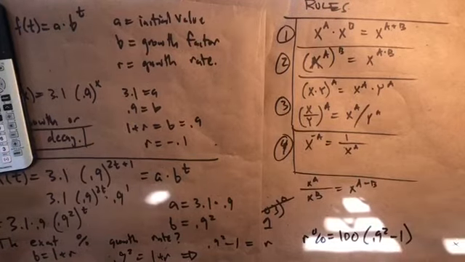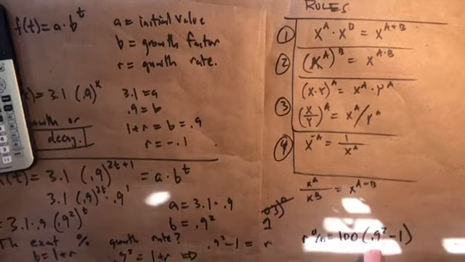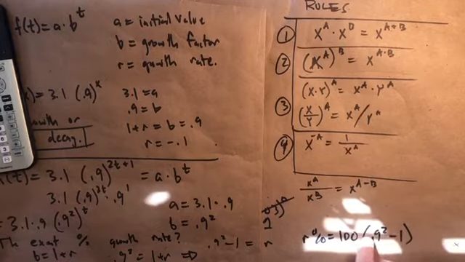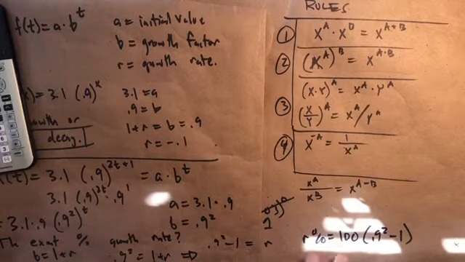But there's a problem here. If I was to punch this in, remember that 0.9 squared, that's going to be 0.81, and so when I subtract 1, and so this is, oh, I guess I did answer the question. The exact percent growth rate is this.